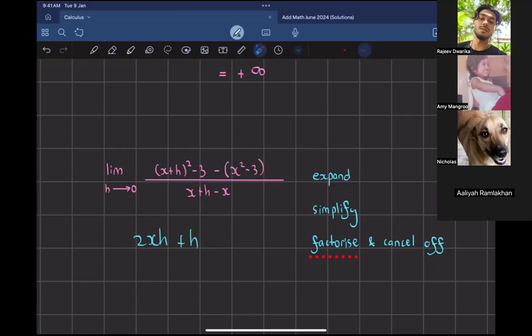In the denominator, x minus x is 0, so you end up with h. I did cancel off the h. I should tell you what I have right now: h squared plus 2hx over h.